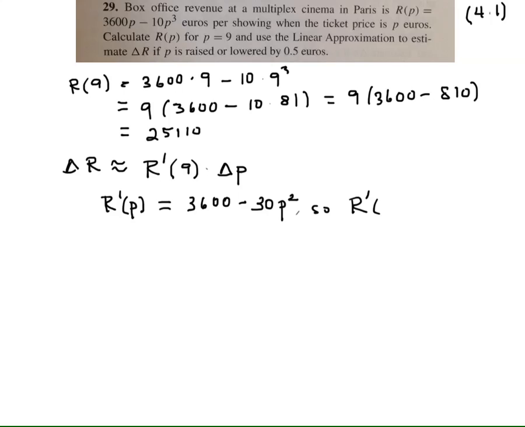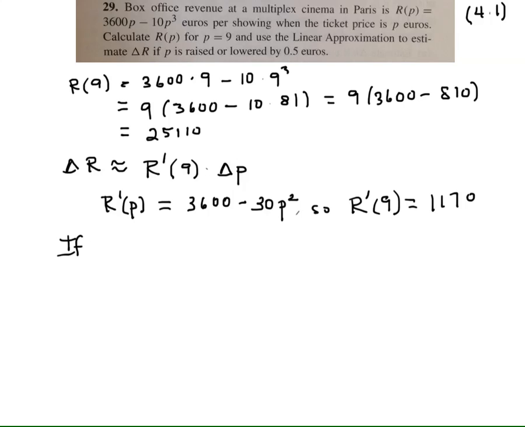So R prime of 9 is 3,600 minus 30 times 81, which I will also go to a calculator for just to make this a little bit faster. Okay. 1,170.